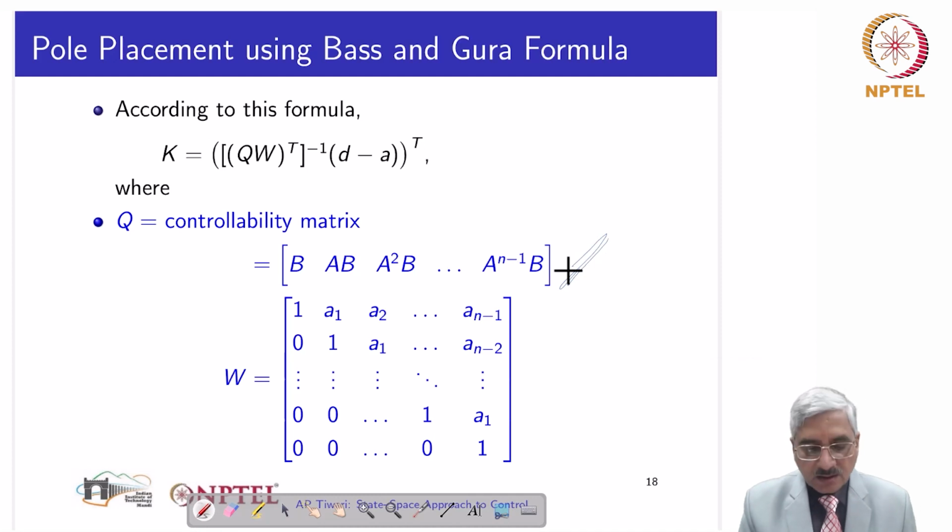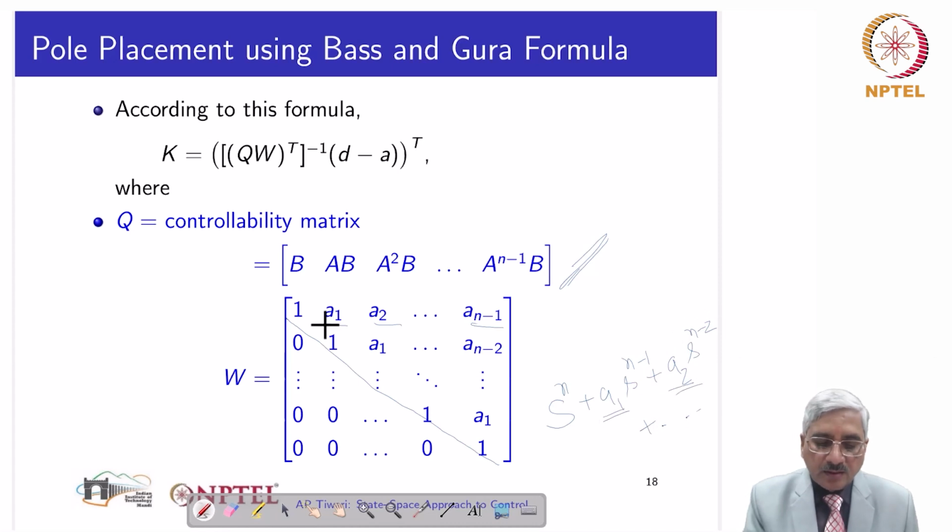W is an upper triangular matrix like this. The elements in the first row are A1, A2, etc. up to An minus 1, and these are the coefficients in the characteristic polynomial. So like we have s^n plus A1 s^(n minus 1) plus A2 s^(n minus 2) and so on. These coefficients are put here to make the first row.